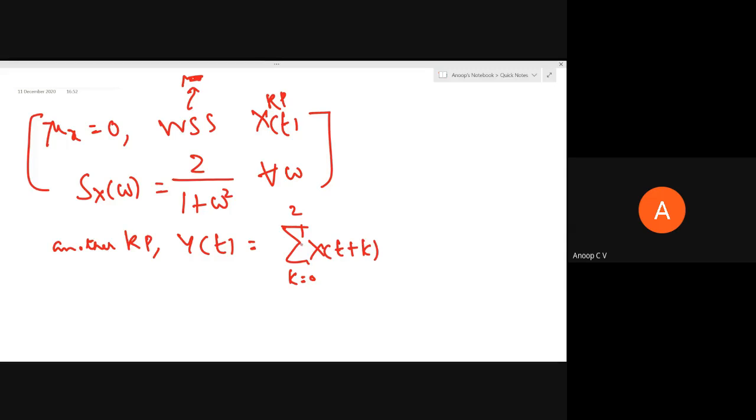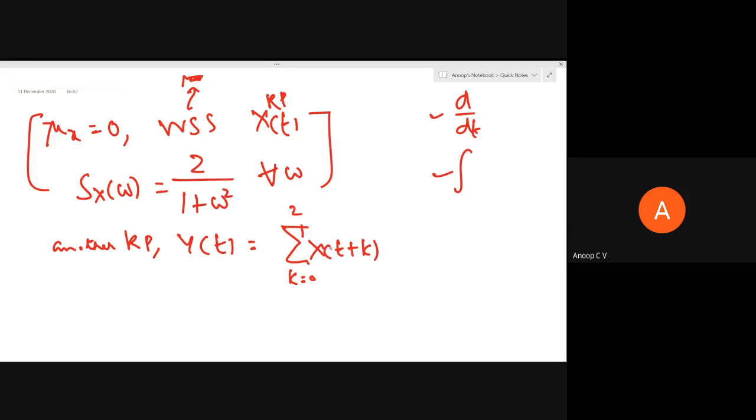Instead of the summation, at times it can be a derivative of something, or at times an integral. What you should keep in mind is that if it is a derivative or integration, in the frequency domain those become linear operations. So then you go ahead and expand it, and you will get the answer.